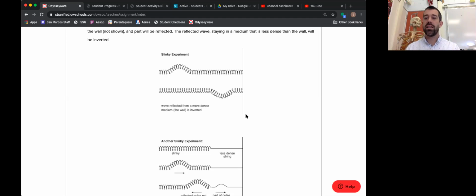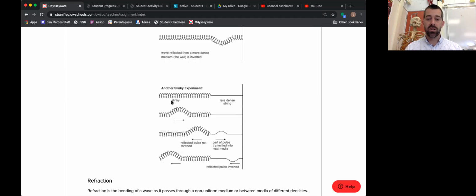Okay, so your big ideas now. The transmitted wave, the one that goes into the water or into the new material, always stays the same. The reflected wave, if it's reflected off a more dense material, will be inverted. That's this first picture. This picture right here shows what would happen if you hit a less dense material.